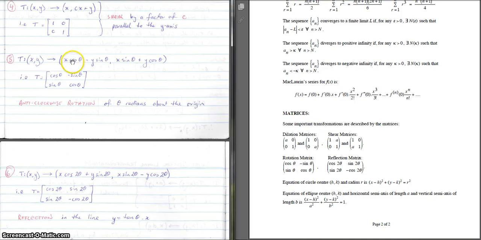X is multiplied by the cosine of the angle minus y times sine of the angle. And then our y value is changed to x times the sine of the angle plus y times the cosine of the angle. So that is essentially the formula.